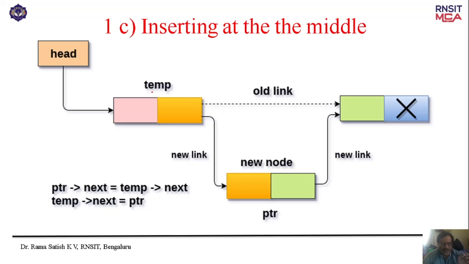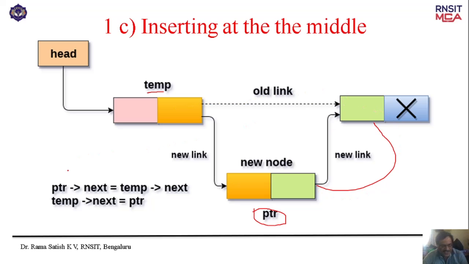I take a position, call it temp. The new node's next pointer is equal to temp of next. So the new node is connected to the next node where temp is pointing.